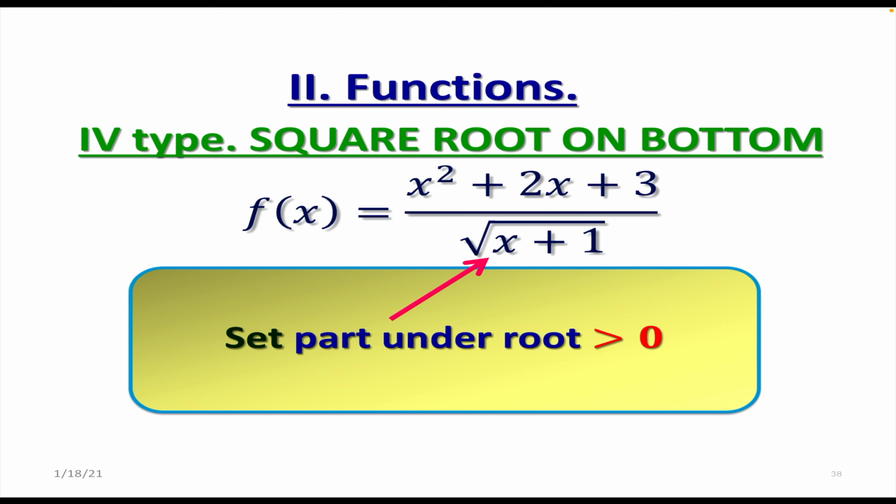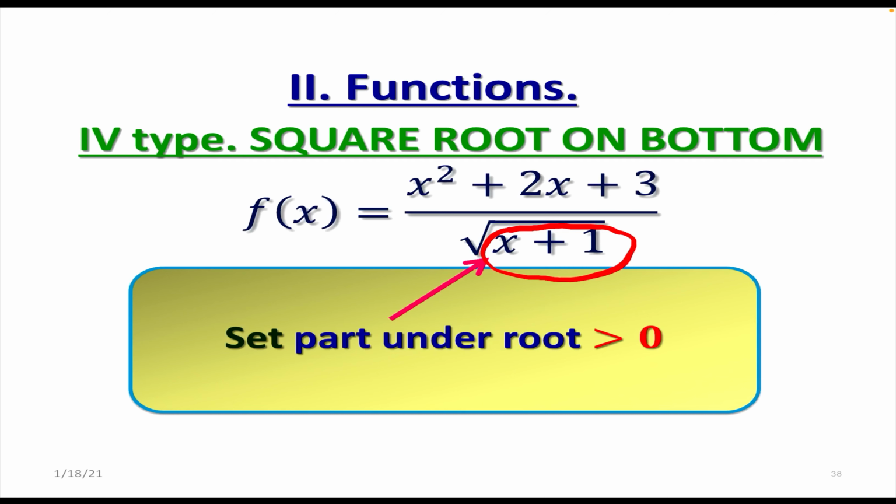All you want to do is just pull out the radicand, the expression underneath your root symbol, in the bottom actually, and you want to set it strictly greater than 0. Strictly. Why strictly? Because your bottom cannot be equal to 0.